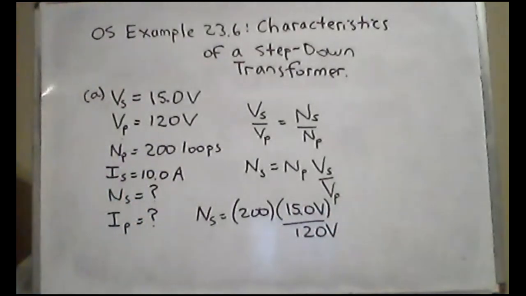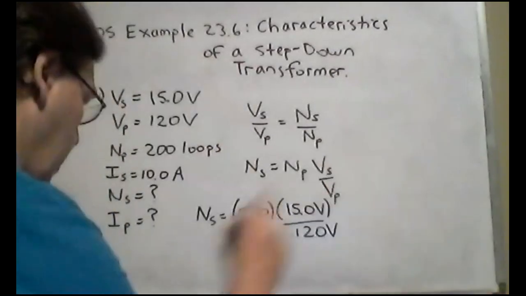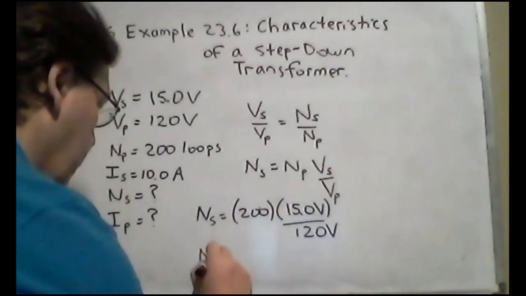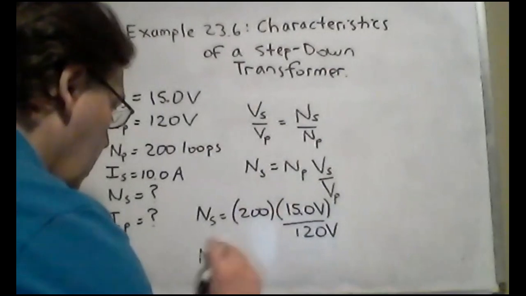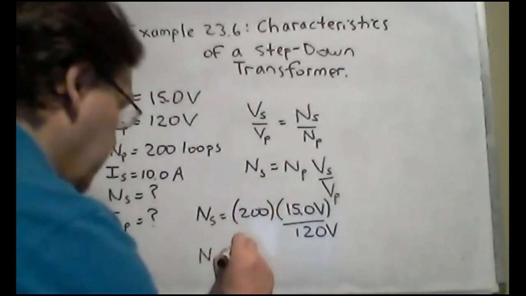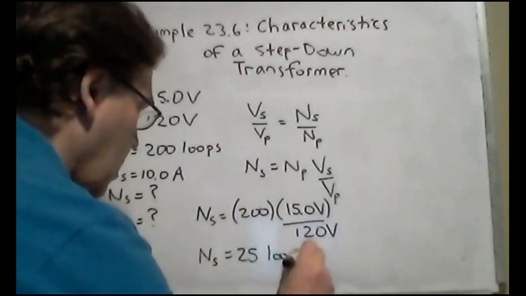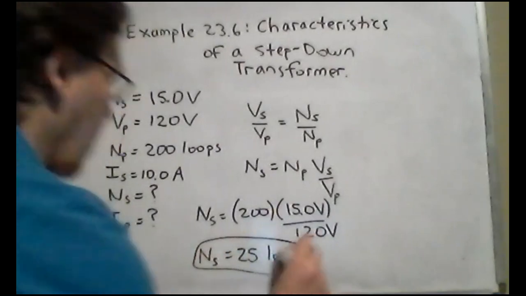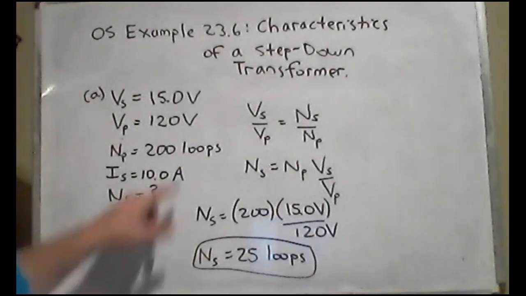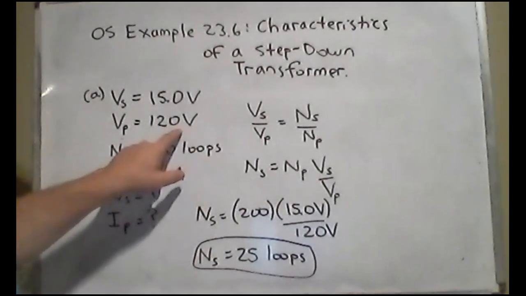We find out that the number of loops at the secondary, at the actual charger itself, is going to be 25 loops. All right, so we know the number of loops at the primary. That's right at the wall. We know the voltage coming out of the wall is 120 volts.